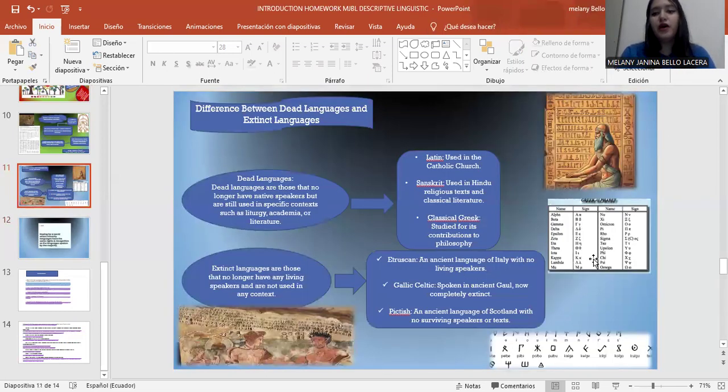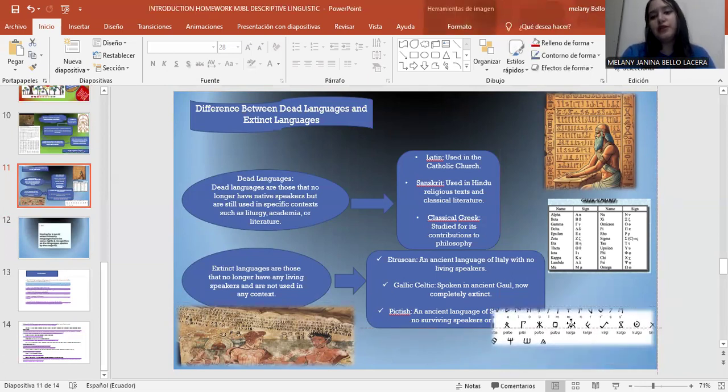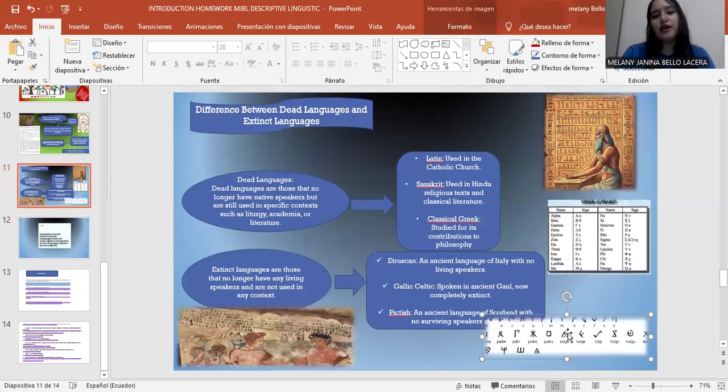And also we have Gallic Celtic, which was spoken in ancient Gaul and is now completely extinct. And the last one is Pictish, an ancient language of Scotland with no surviving speakers or texts. This picture is the Gallic Celtic language.